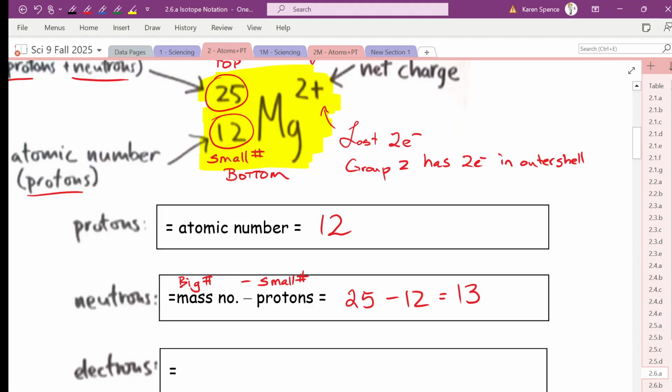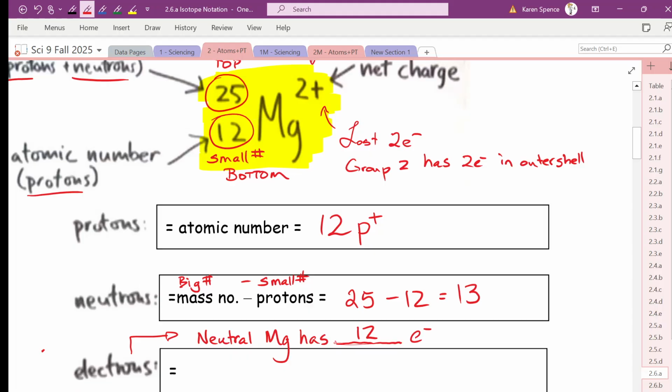Now, electrons. How many electrons do we start with? How many electrons does neutral magnesium have? It'll have 12 electrons, the same as the number of protons.